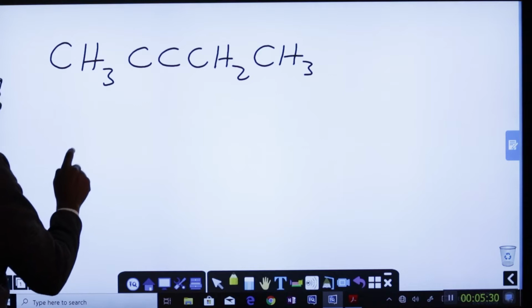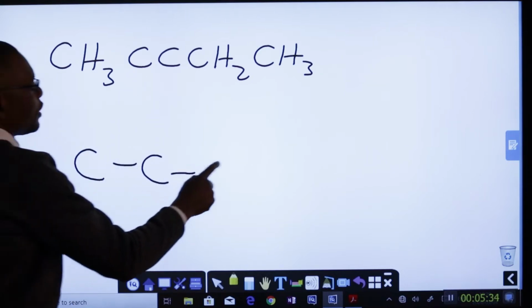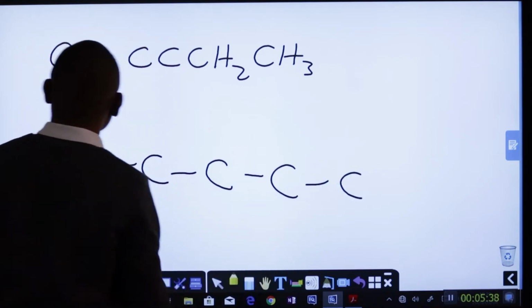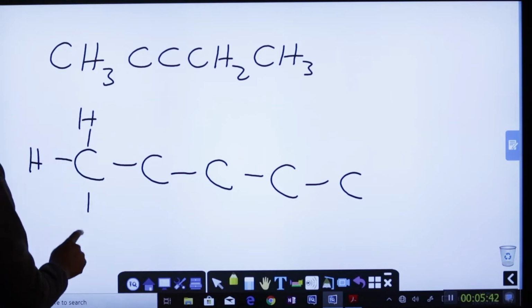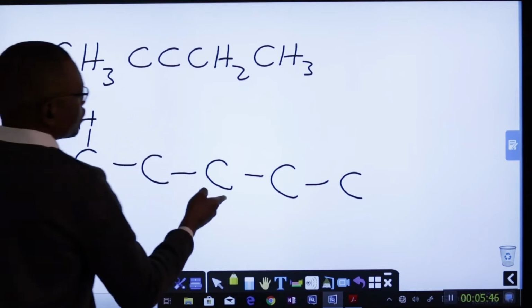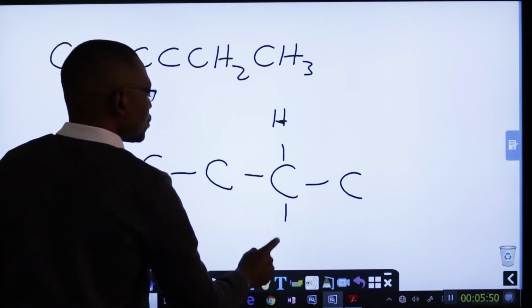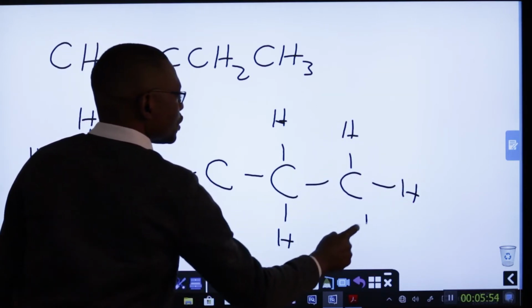We've got a carbon, a third carbon, a fourth carbon, and a fifth carbon. The first carbon has 3 hydrogens, and the last has its hydrogens too.